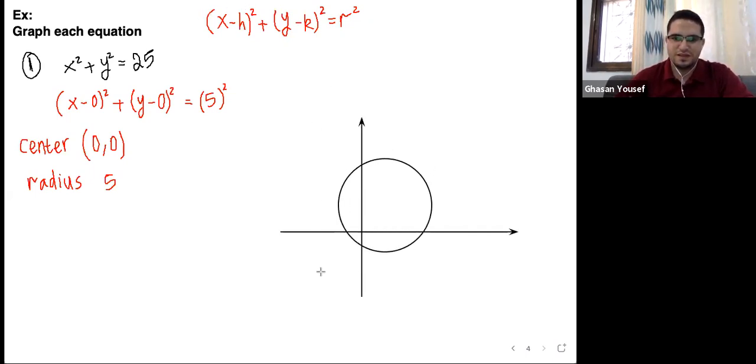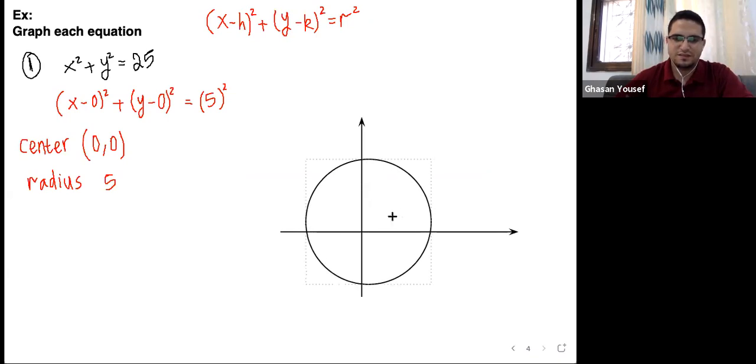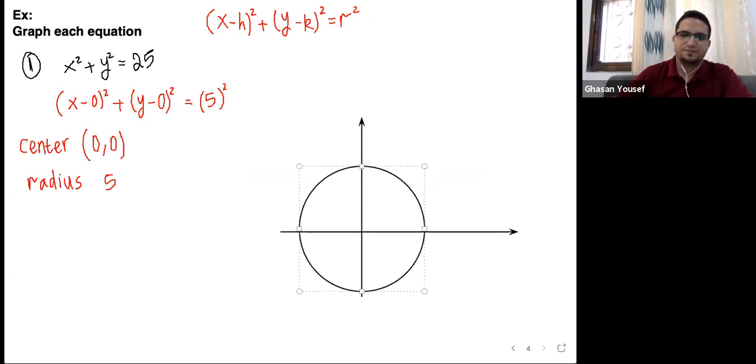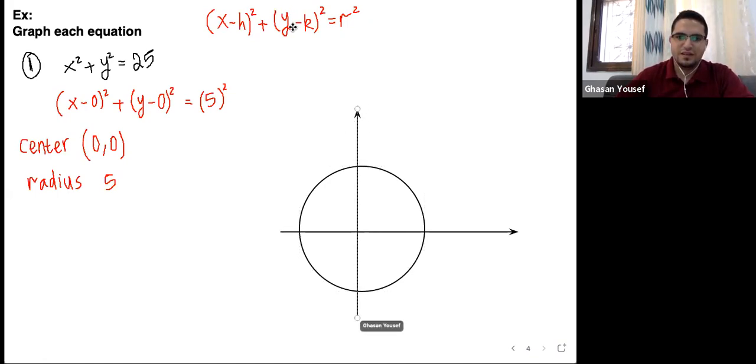This is my circle. It's in the center. Now the center is the origin, like we said. Here is the center.